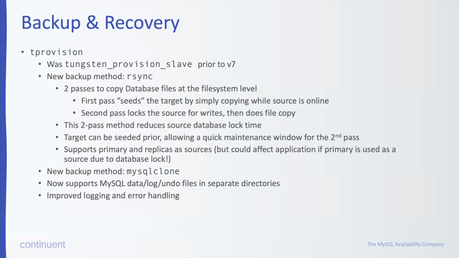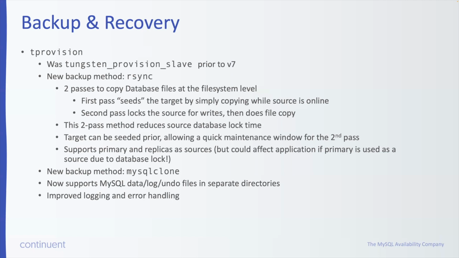Now, the second pass actually locks the source and quiesces the database. Now we do the final rsync, which should be quite quick because we've already done the previous one to sync most of the changes. And then the resulting database here should be a consistent copy because the source was quiesced at this point.